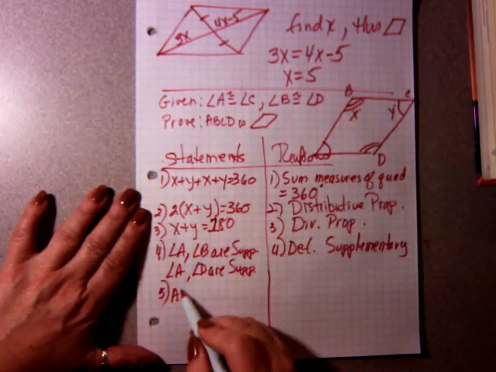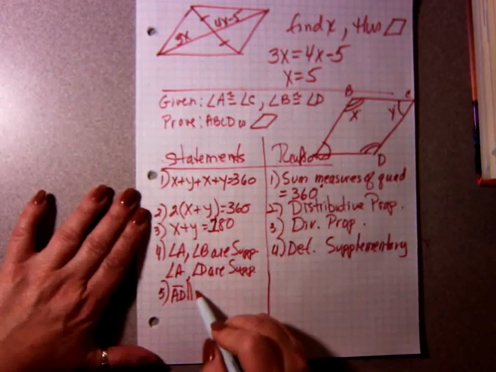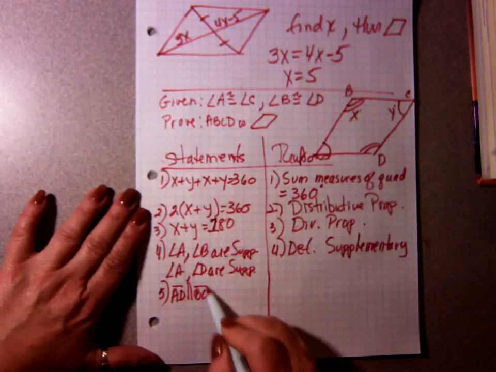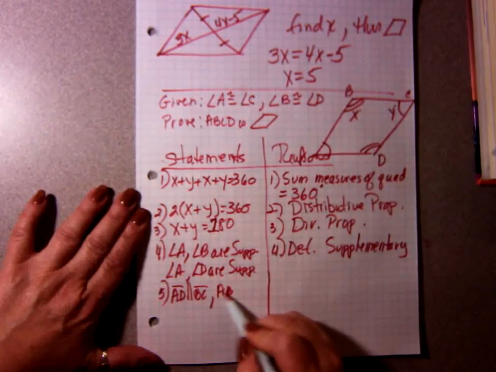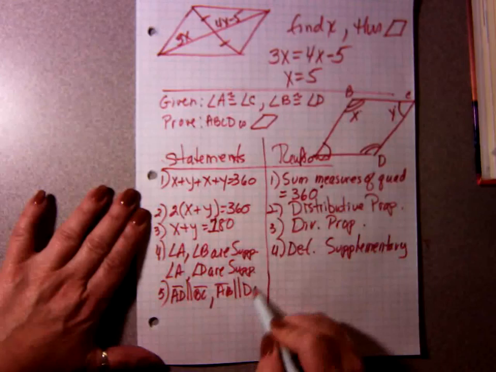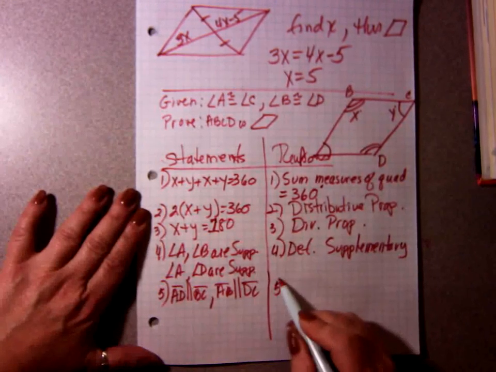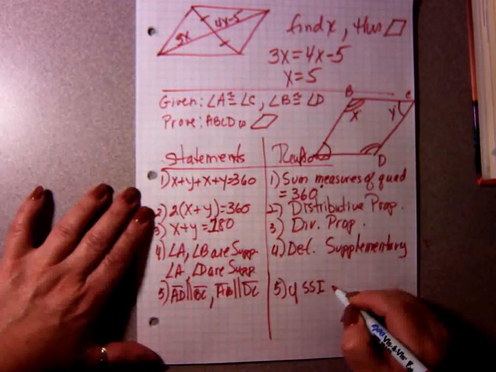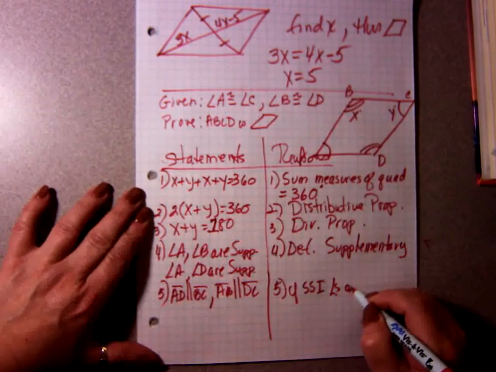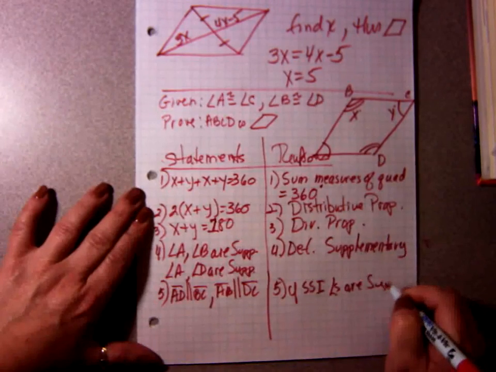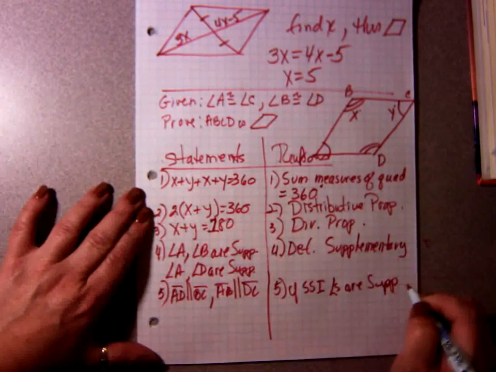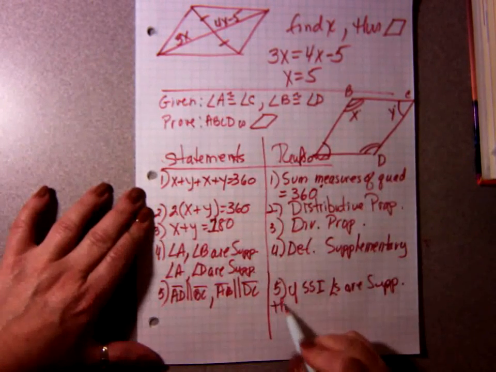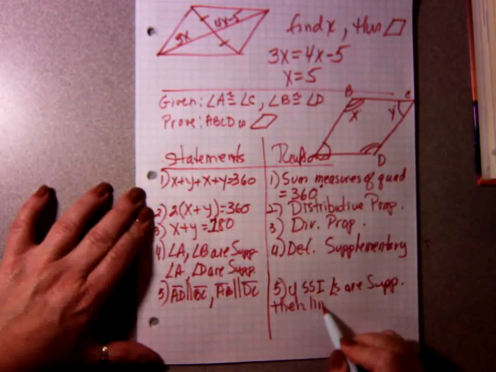Next, I'm going to state that AD is parallel to BC, and AB is parallel to DC. And I can state this because if same side interior angles are supplementary, then the lines are parallel.